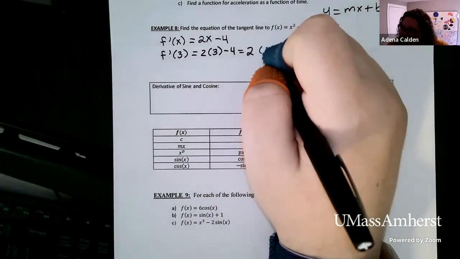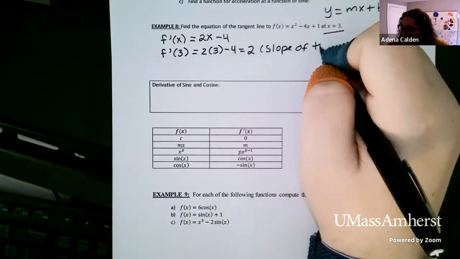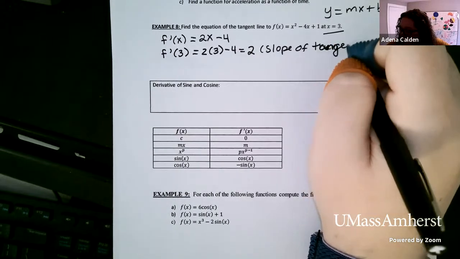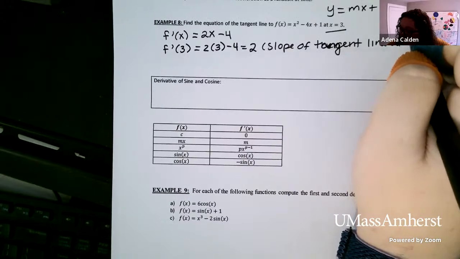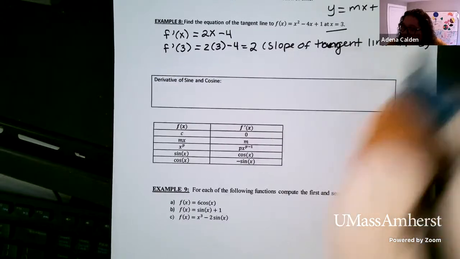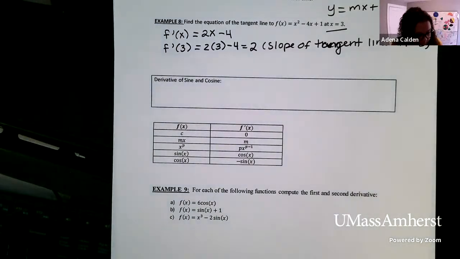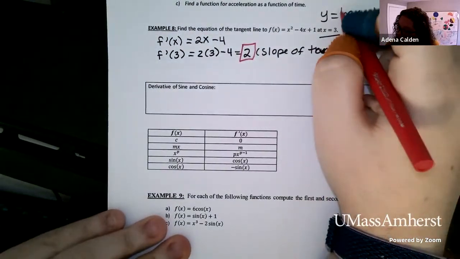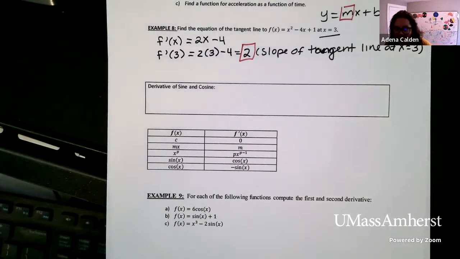Since this is the slope of the tangent line at x equals 3, that means that when I'm thinking about the equation of my tangent line, the 2 is the m in the equation of the tangent line.